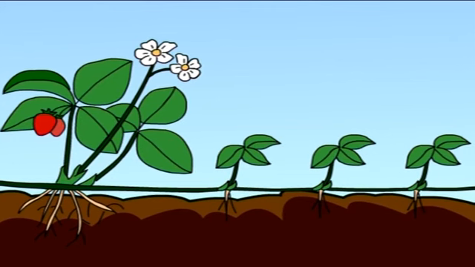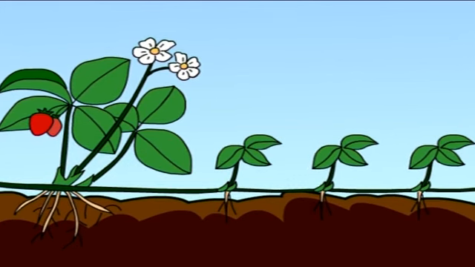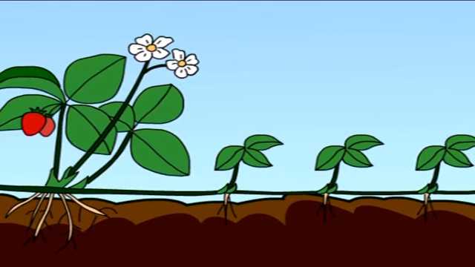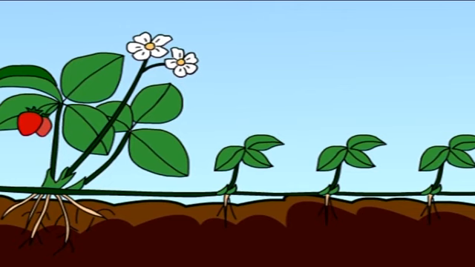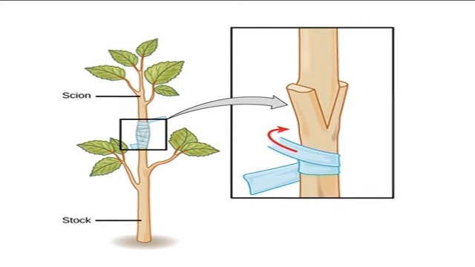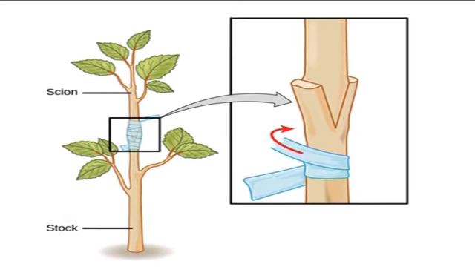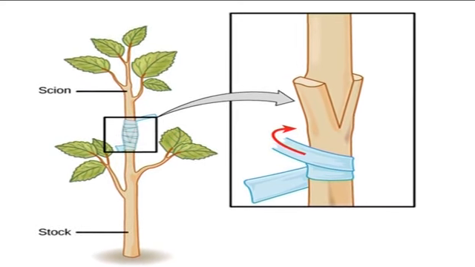Horizontal transmission also occurs by certain artificial methods of vegetative reproduction typically employed by horticulturists and farmers. Plant cuttings and grafting are common modes by which plant viruses may be transmitted.